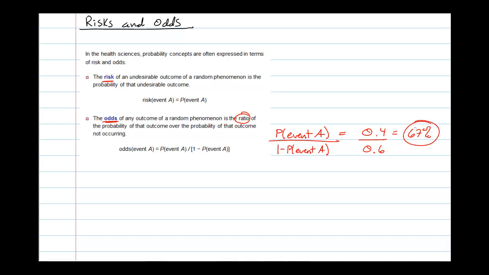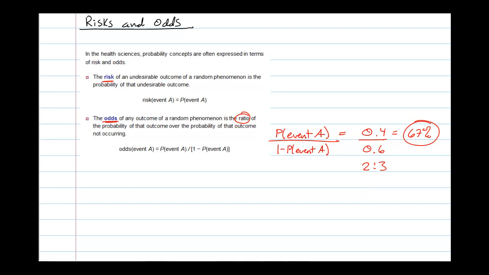Okay, so again, when we talk about the risk and the odds, it's actually two different conversations. This is also the odds of 2 to 3 is another way we could talk about that, 2 to 3, if that were to reduce that fraction.